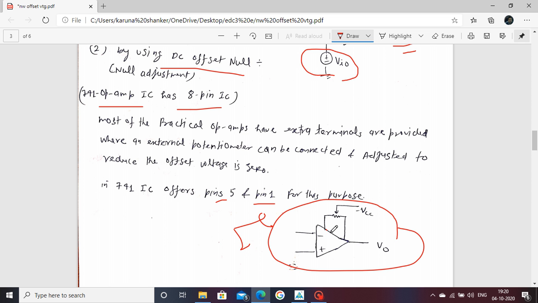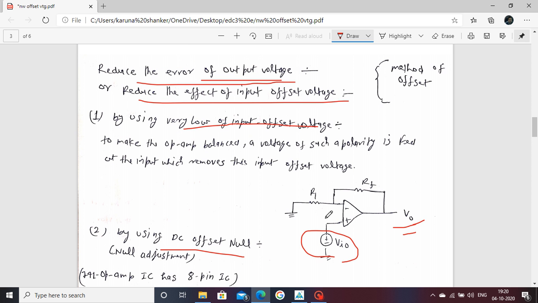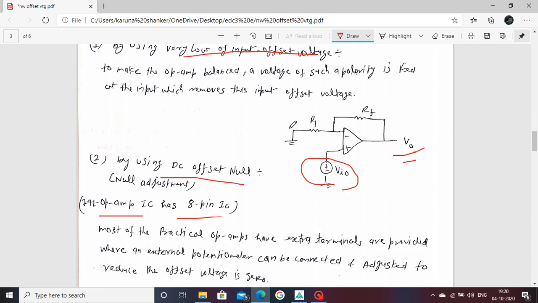Two pins are used as inverting and non-inverting inputs, and the other 2 pins are used for null adjustment. By this form of connection we reduce the offset voltage. Okay, these are the methods to reduce the effect of input offset voltage, or to reduce the output voltage.